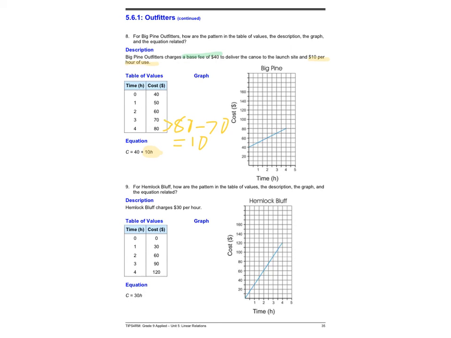We'll try it again for 70 minus 60. And that's also going to give us an answer of 10. We'll do the same for 60 minus 50 and 50 minus 40. In both cases, that's going to give us 10. Now I'm running out of room on my board, so I'm going to erase this, and I'm going to put it back up in a way that's a little easier for everyone to see.